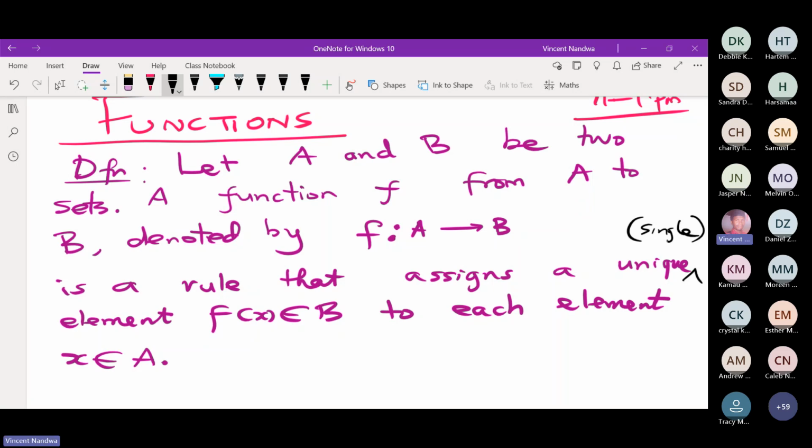So a rule that assigns a unique or single element f of x in B to each element x in A is called a function.